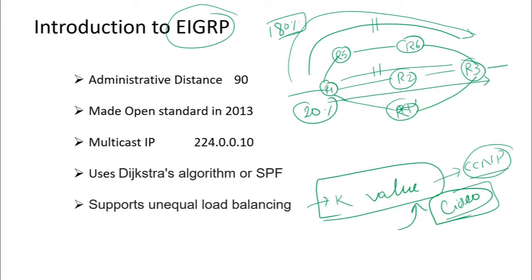They explain, because sometimes I do not explain 100%. They are the vendor and they have documented all the things, so even if I skip a small thing, they tell you those things as well. That's how it is quite useful. EIGRP supports unequal load balancing as well.